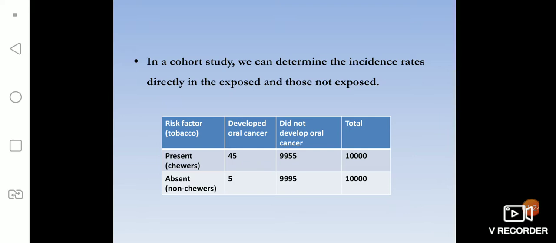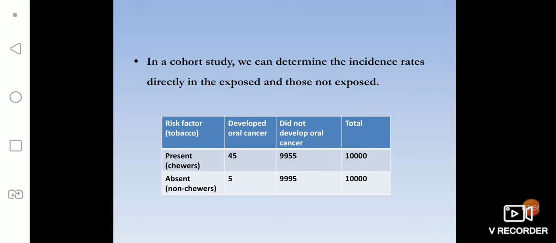Here in this table, you can see the total people are 10,000 who are chewers of tobacco, and there is another 10,000 who are non-chewers of tobacco. Now this is the cohort and control group. The risk factor is present in chewers and there is no chewing of tobacco in the other group.